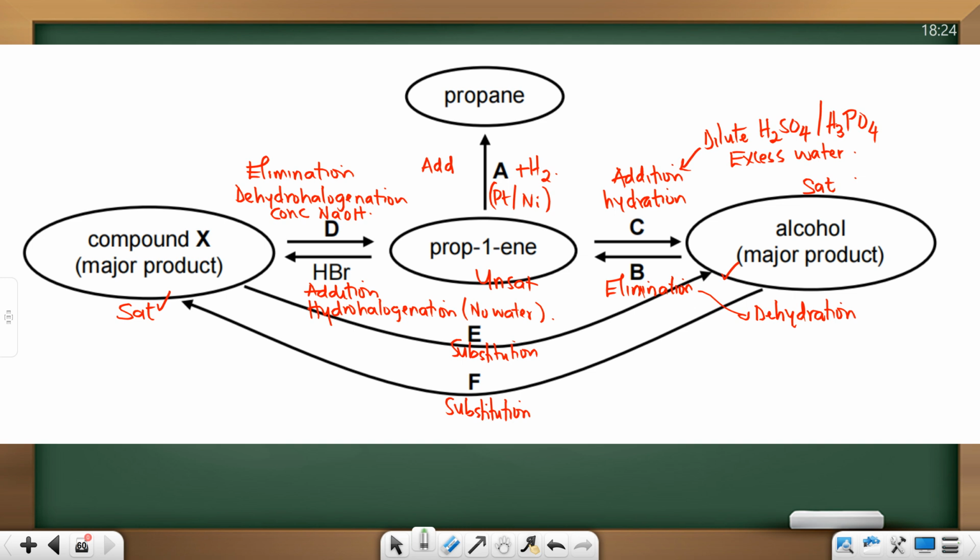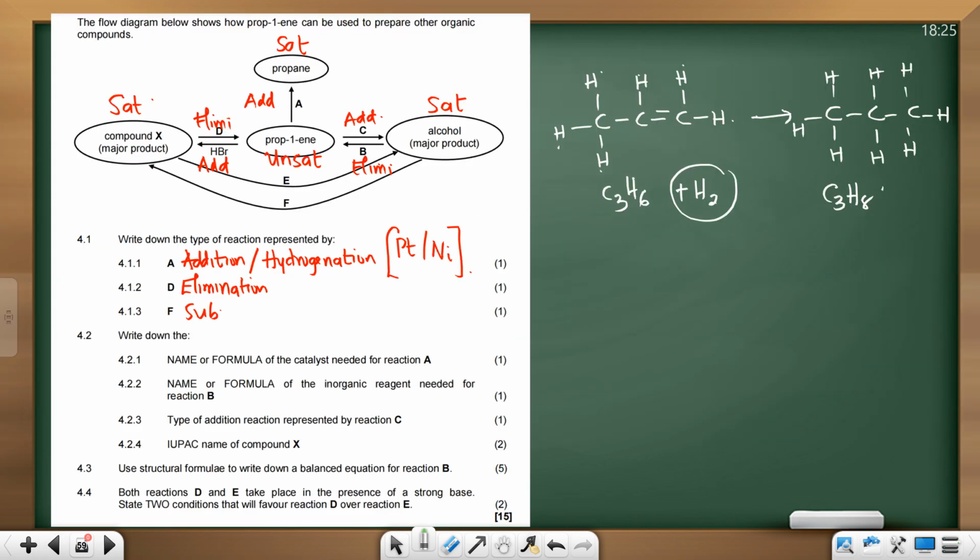CEDS, concentrated strong base, you eliminate. Dilute strong base, you substitute. All right, guys, that is done as well. Elimination. I'm just pointing you back to your notes. Good, Michelle, you can also use concentrated sulfuric acid. I'm just pointing you back to the notes because I don't have time to write.